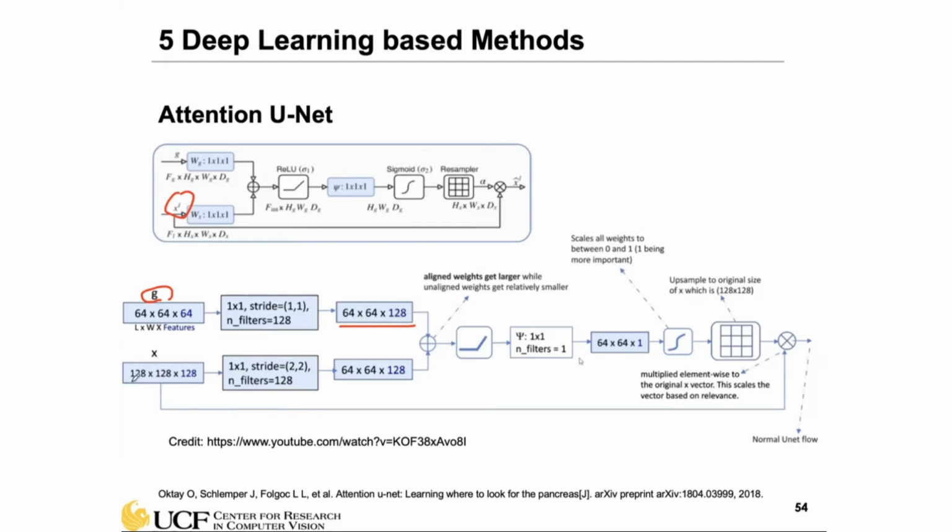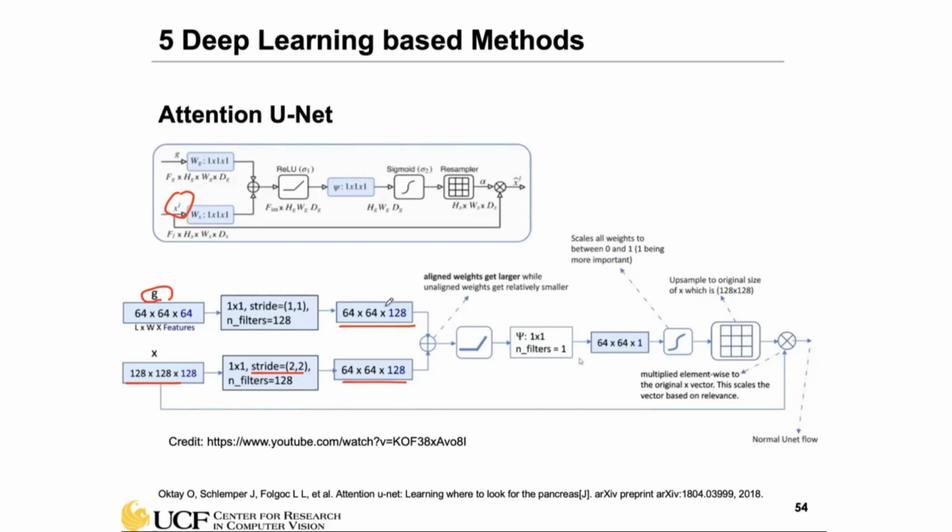And if we look at the spatial size for the X, it's double the size compared to G. So here we use a stride of 2, which effectively reduces the size by half. So you will see that we end up with a feature dimension of 64 by 64 by 128. Now we can add them together.